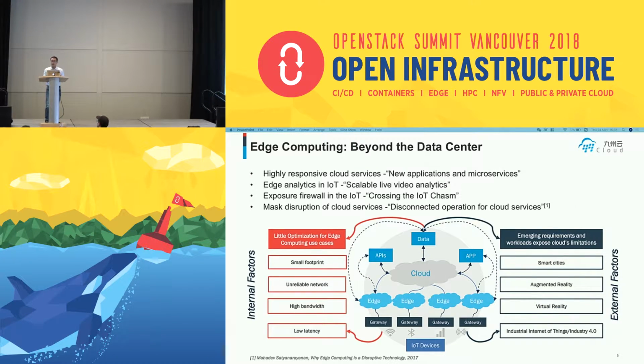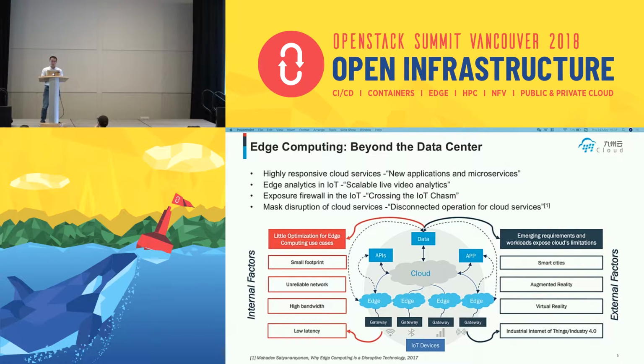The emerging requirements and workloads are beginning to expose cloud computing's limitations. For example, the smart city, augmented reality, and virtual reality. Those applications have requirements such as low latency and high bandwidth, which applications in cloud computing do not consider.